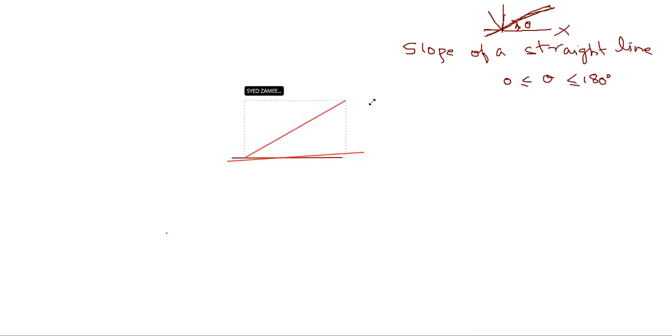So this theta, the angle which the line makes, is called the angle of inclination. This theta angle is called angle of inclination. Now slope, angle of inclination.